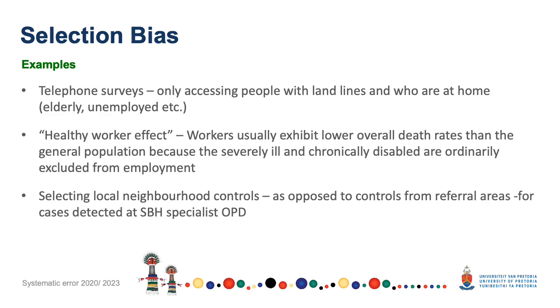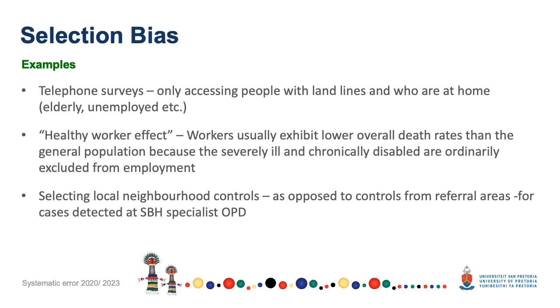The healthy worker effect is a well-known one. This is where people who become sick at work leave work. So then when you go and sample the people at work, you don't find anybody who's prone to that occupational illness. So that gives rise to selection bias as well.